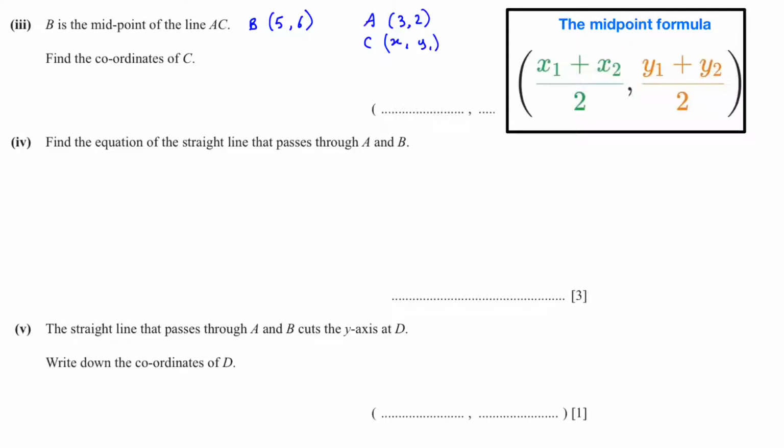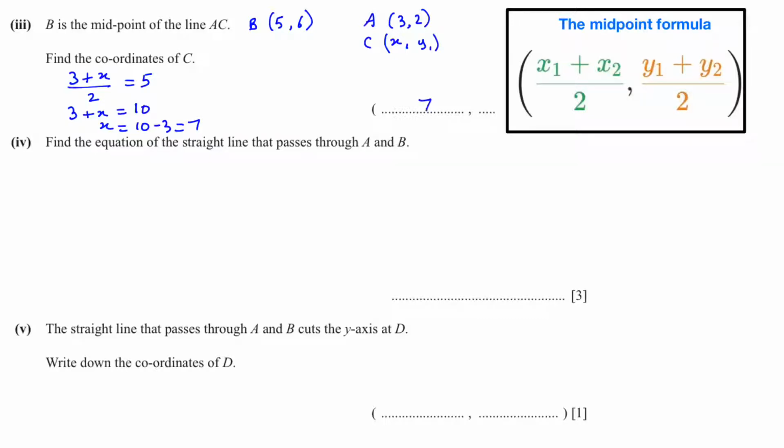So let's write it down. 3 plus x divided by 2 will give us 5. We have to make x the subject. 3 plus x is equal to 5 multiplied by 2, 10. This 3 when you bring to the other side will be negative. So 10 minus 3 is 7.